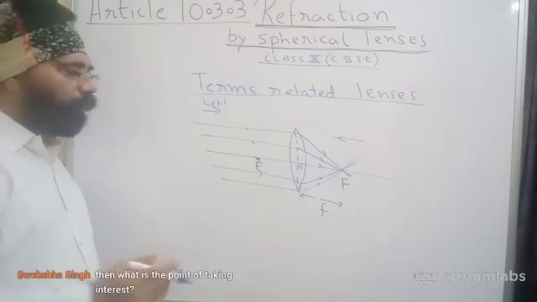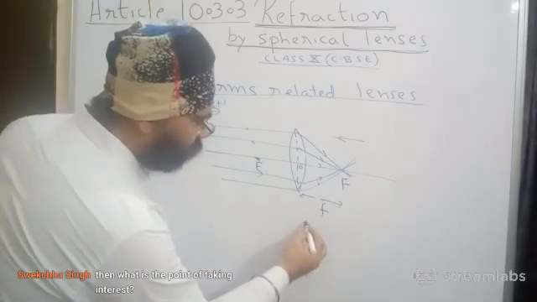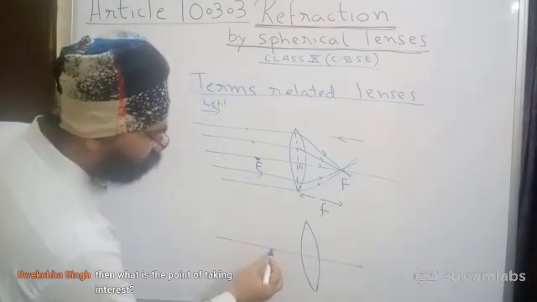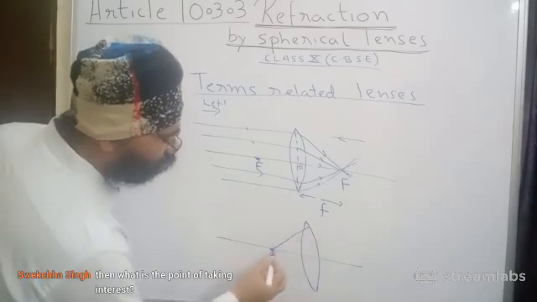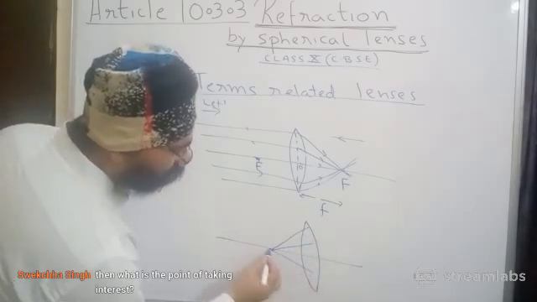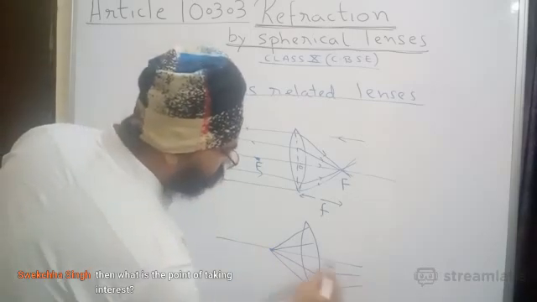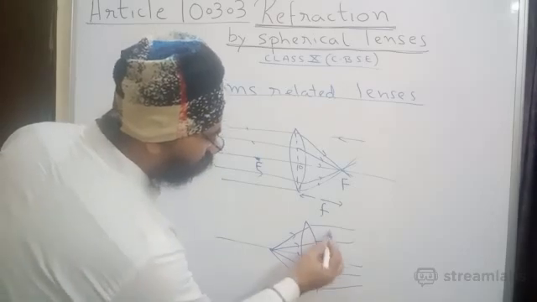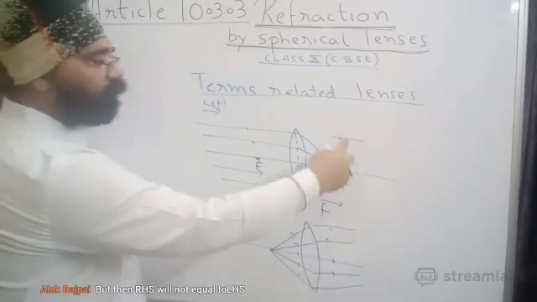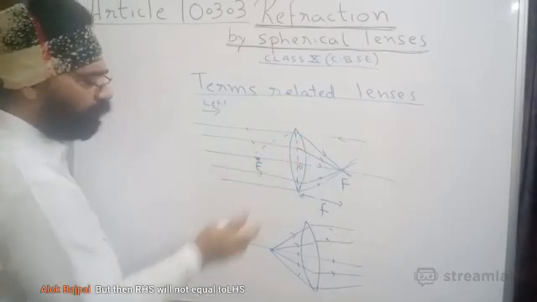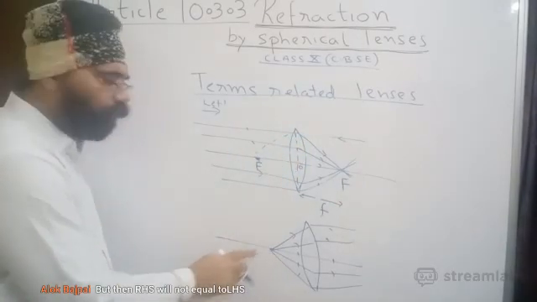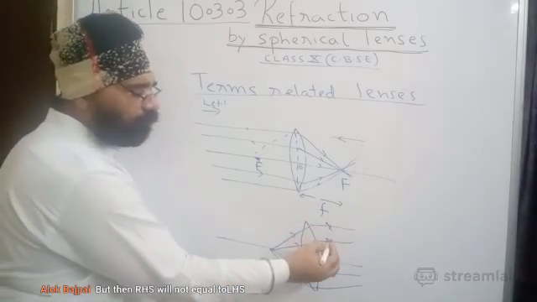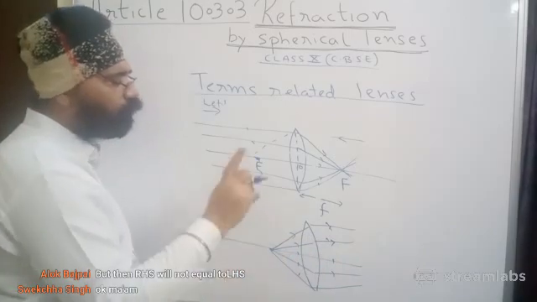Or, if I have a lens like this, on the principal axis there is a point through which, when light goes to the lens, it becomes parallel. So this also is one of the focuses. When I bring light from that side, it converges here, and when I place a luminous object over here, one emitting light, then after refraction all the rays become parallel. Got it? So it has got two focuses.